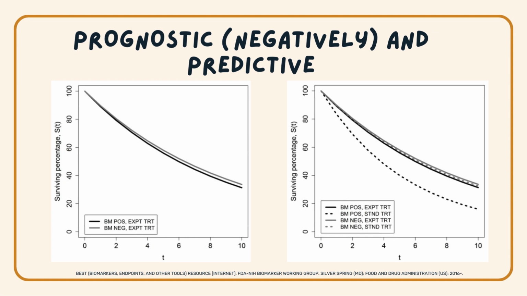However, if we add the standard treatment group, which is the dot dash line, we can see the dashed red line, the biomarker positive standard treatment, has the poorest survival.